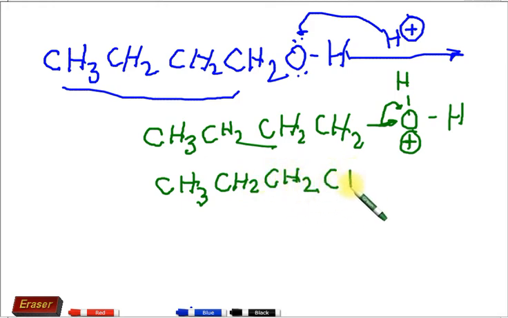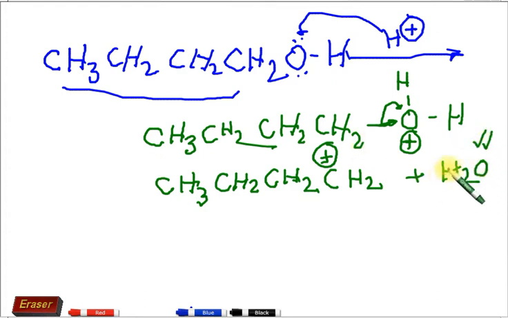This is the intermediate, a carbocation, plus H2O, the leaving group. Now this is a primary carbocation, 1 degree.